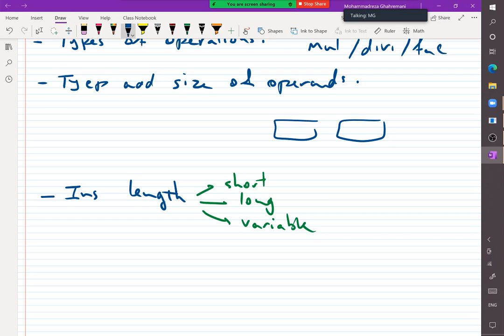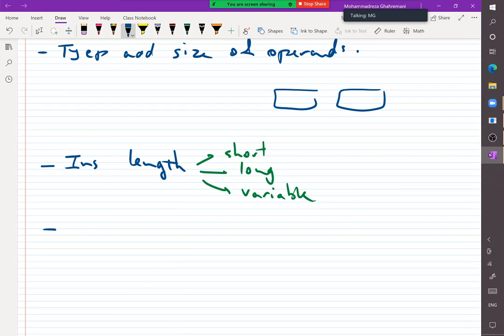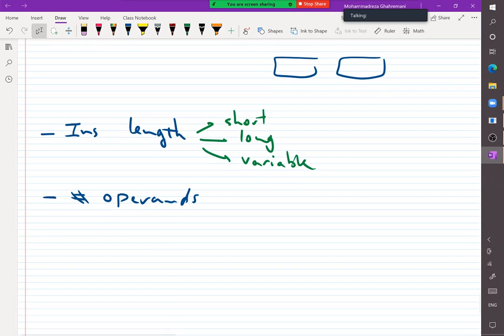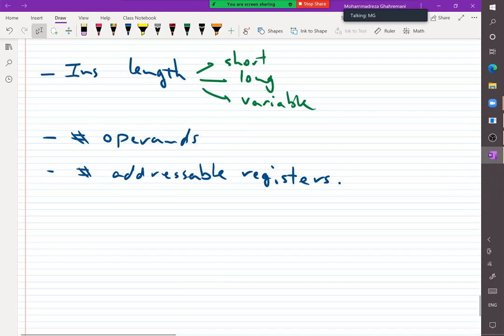The number of operands, number of addressable registers. How many registers do we have inside our processor that we can address?